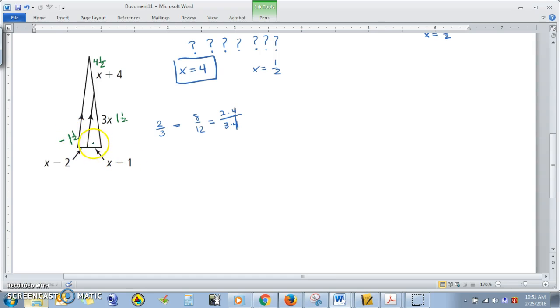And 1/2 minus 1 is negative 1/2. Well, is it possible to have a negative length on a triangle? No, it's not. So that means that x equals 1/2 is what we call an extraneous solution. So the only true solution is x equals 4.